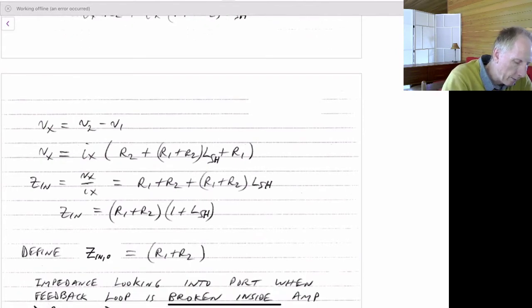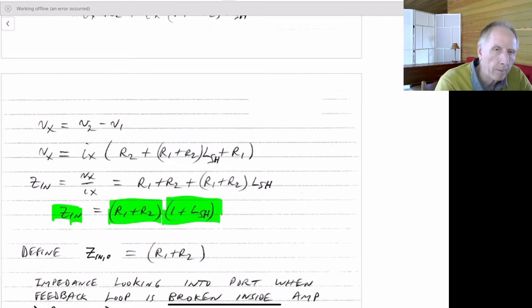So that means that we have that the input impedance is R1 plus R2 times 1 plus the loop gain when the port is shorted.